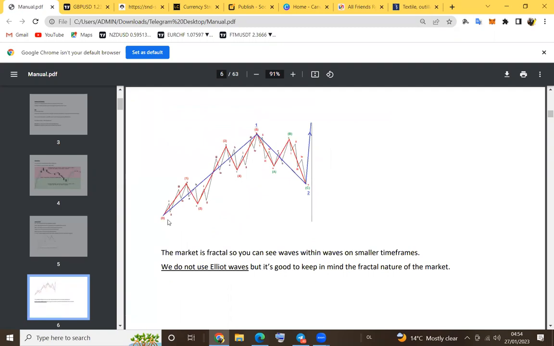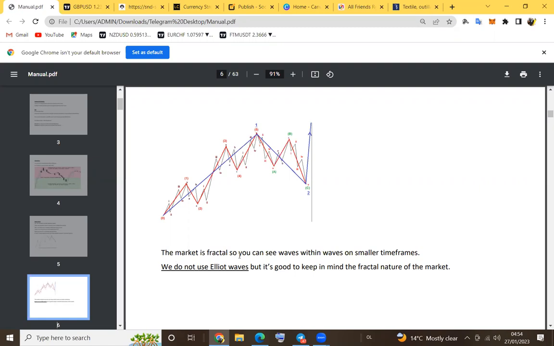And as I've explained to you, in wave 1 here, for example, you can have smaller waves inside wave 1. And in each wave that you see, even in the ABC waves, you can have smaller waves in between them all.